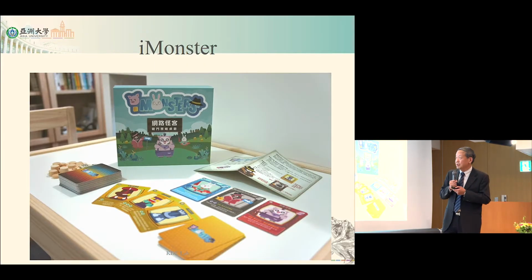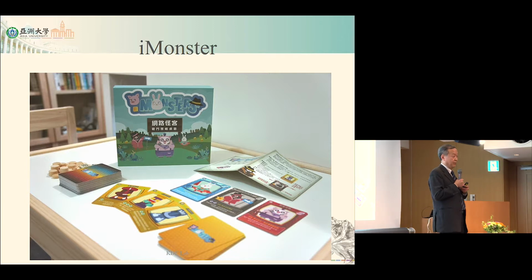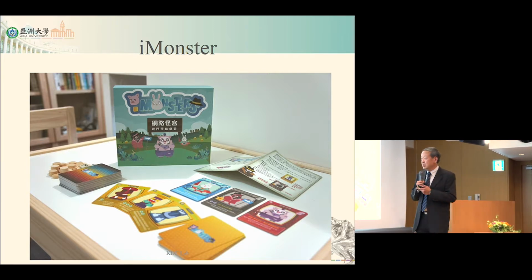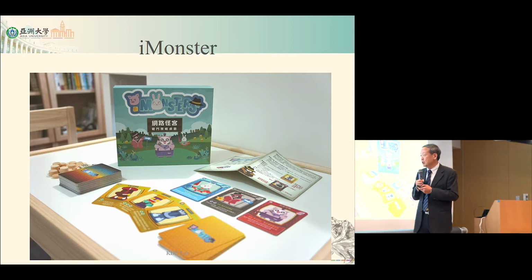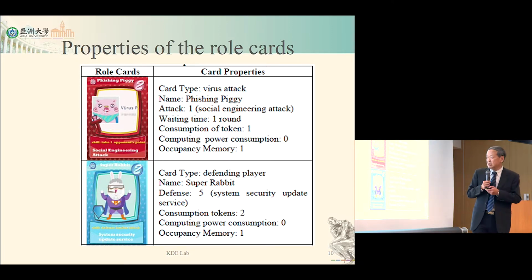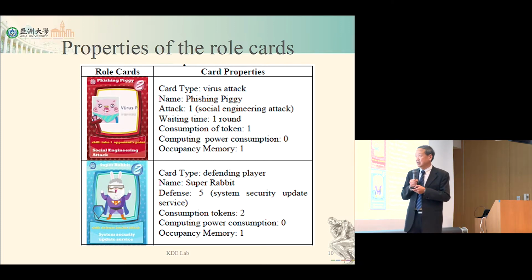I'd like to show one example. This is iMonster. iMonster is a kind of card game. As you can see, there are several different kinds of role cards, basically three different kinds. The piggy represents a type of virus attack.